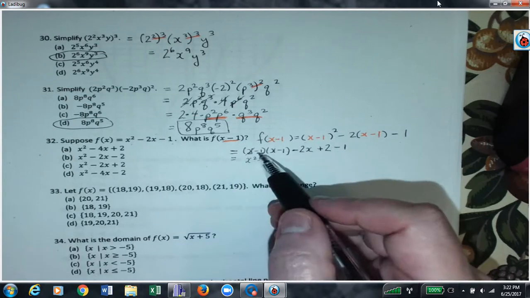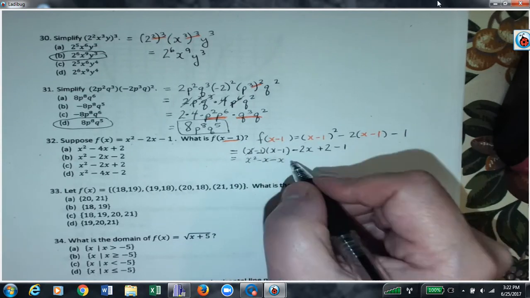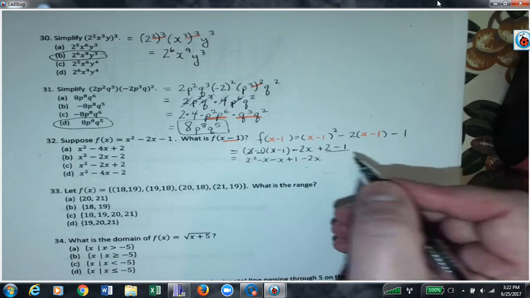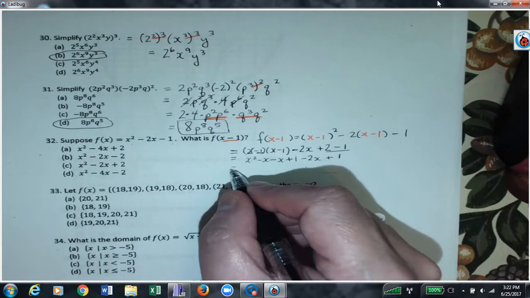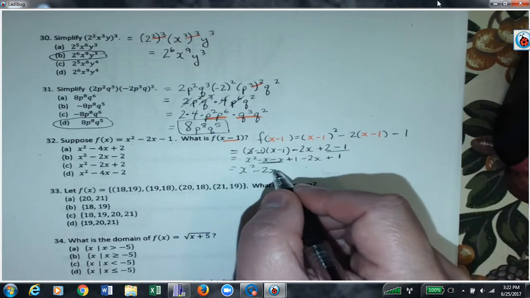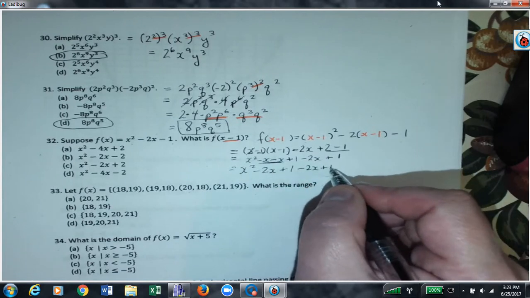Then I'm going to have -1 times x, and -1 times -1. I can go ahead and put those together. 2 minus 1 is plus 1. So I have x squared minus 2x plus 1, minus 2x plus 1.